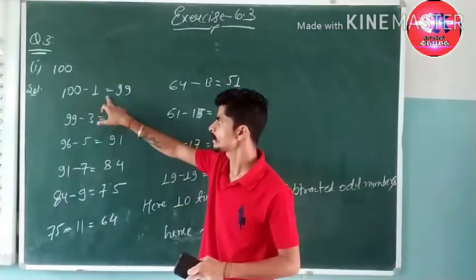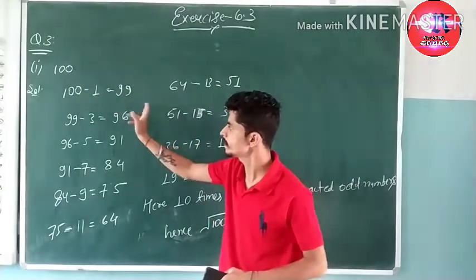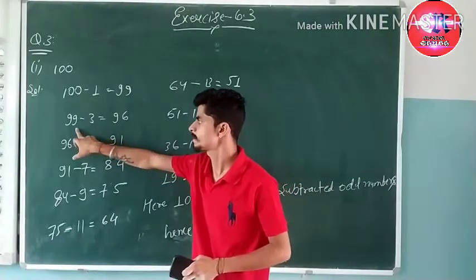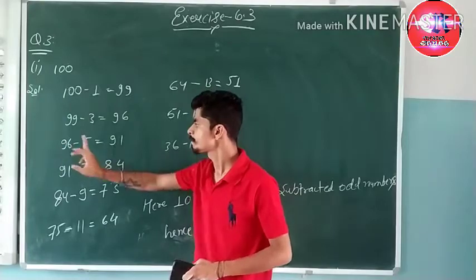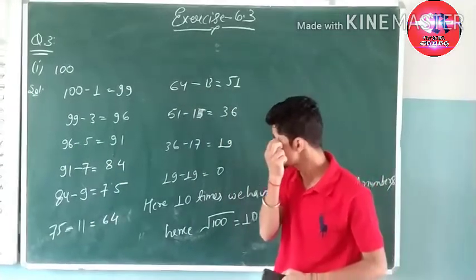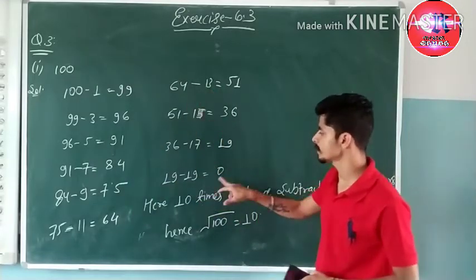So firstly we subtract 1, we get 99. Now 3 will be subtracted from 99, giving 96. Now 5 will be subtracted from this answer, 96 minus 5 is equal to 91, and so on till we get 0.